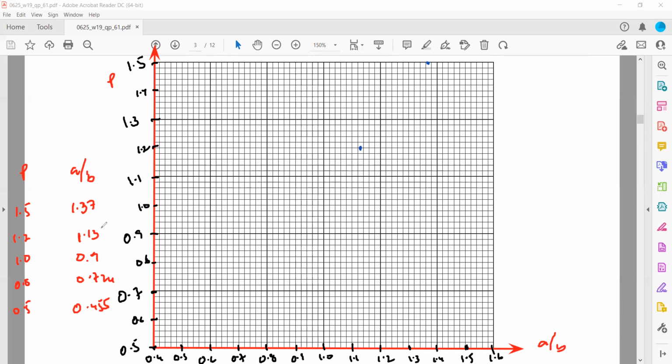So between them, then 1.0 and 0.9. So 0.9 and 1.0. Then 0.8 and 0.72. 0.8, this was 0.8, and 0.72 will be here.